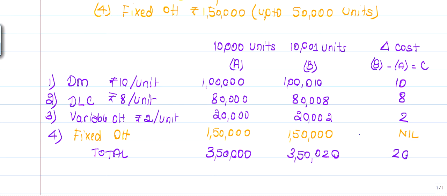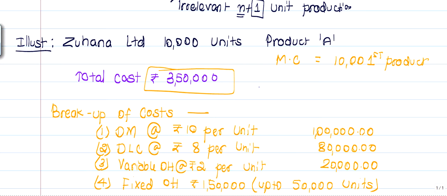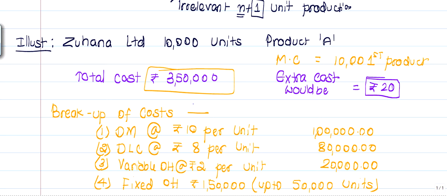So the answer is the extra cost, the marginal cost, would be rupees 20. So this is all about marginal cost.